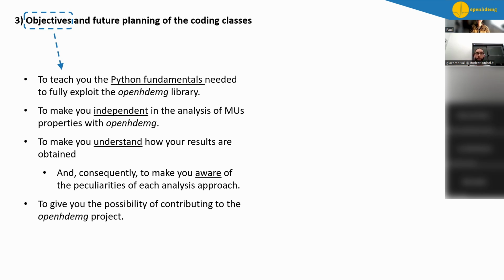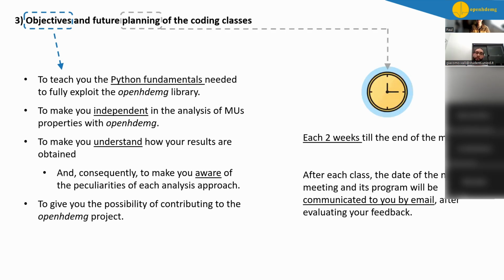And in the end, if you really like coding and high-density electromyography, you are also more than welcome to contribute to improve the openhdmg project, because this is becoming a very big project, so everybody's help is much appreciated.